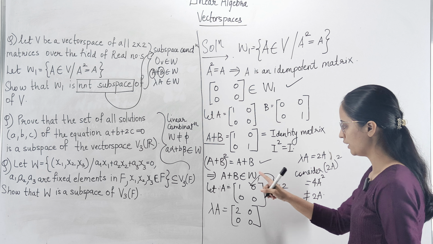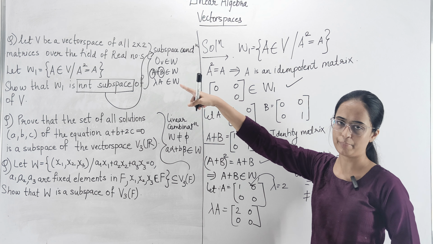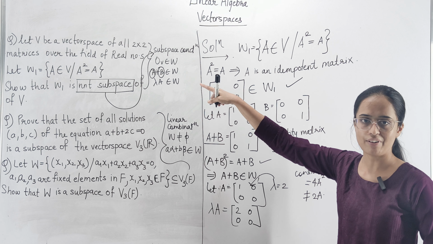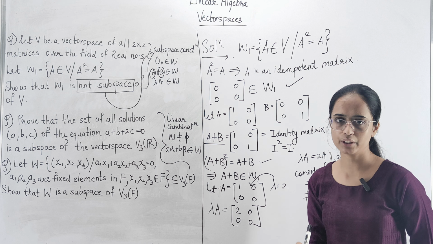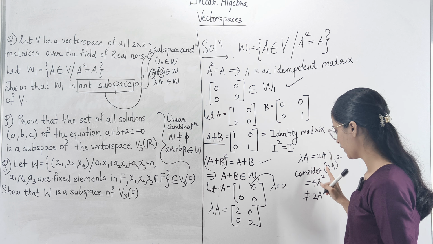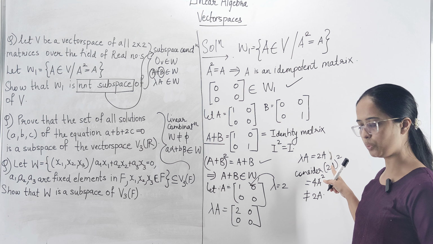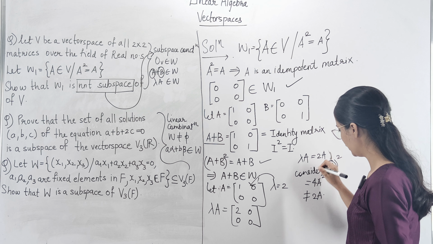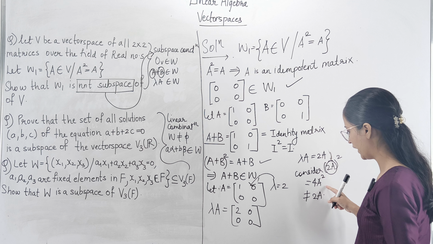It is clear over here that if this is an idempotent matrix, then what we are supposed to show is that lambda A should belong to W1. If lambda A belongs to W1, it means it satisfies the property of an idempotent matrix. Meaning when we square lambda A, which in this case is 2A, I should again get back 2A, right? But here that's not the case. I'm getting 4A square.